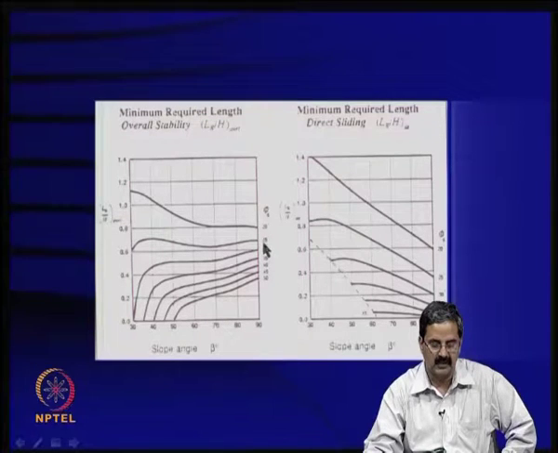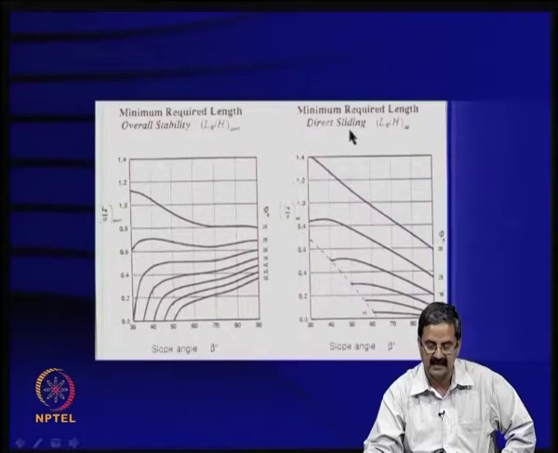Similarly, if it is 25, it is about 0.63 or something like that. These things give you some idea of what the length of the reinforcement required for overall stability should be. This is the length required for overall stability, and this is the minimum length required from direct sliding considerations.